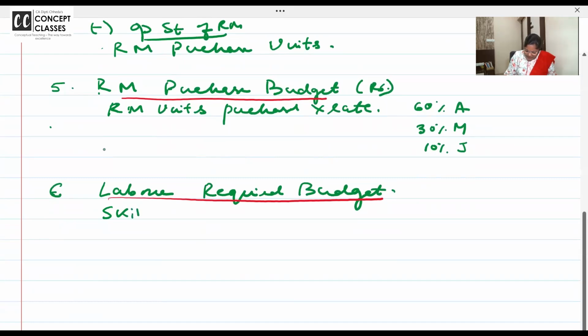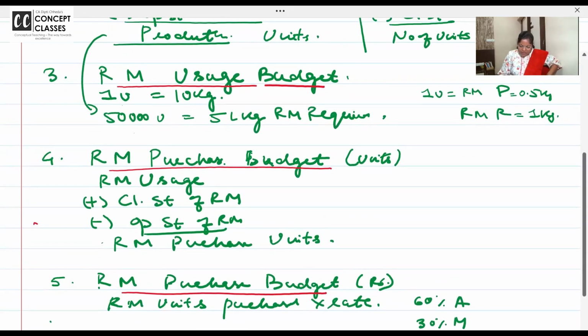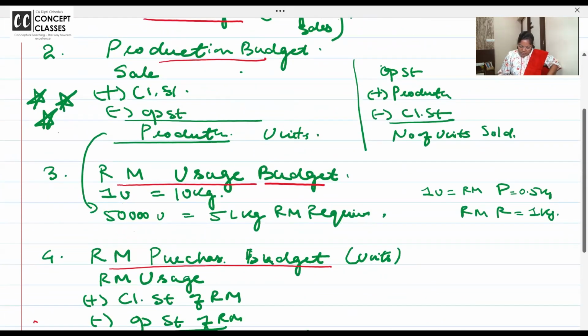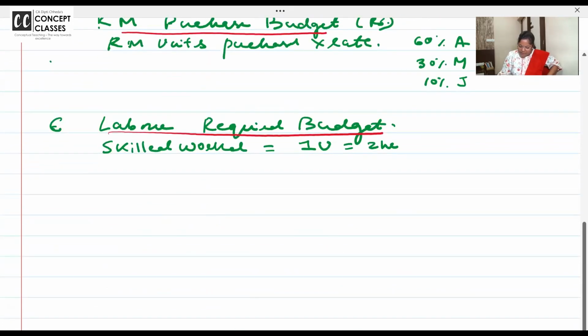Say we will take skilled workers. 1 unit takes 2 hours to make. So what is our production? See, 50,000 units. How many hours are required? 1 lakh. Are you all with me? Skilled workers, 1 lakh hours. 1 unit, 2 hours are required.